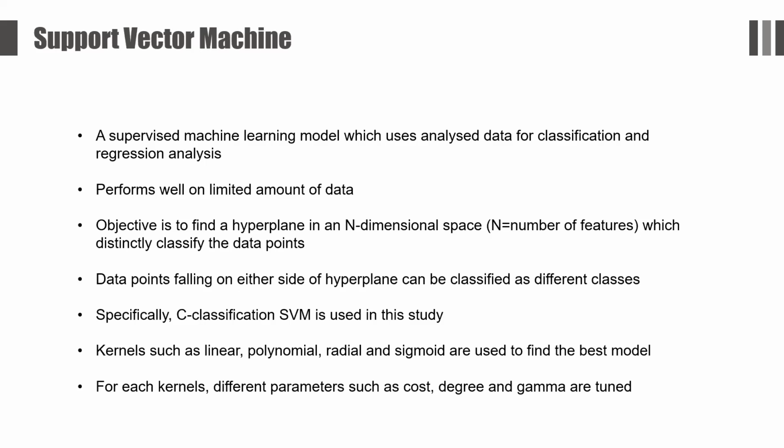Specifically, C-classification support vector machine is used in this study. Kernels such as linear, polynomial, radial, and sigmoid are used to find the best model. For each kernel, different parameters such as cost, degree, and gamma are tuned.